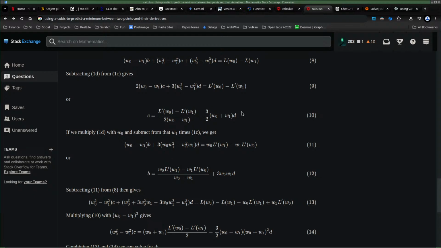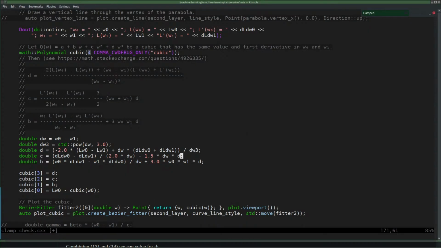That must be the sum, not the delta. Aha! There is hope. Times D, yep. Well, let's check the last one as well, although now it might work, hopefully.